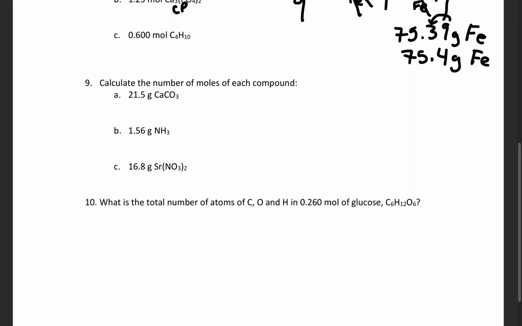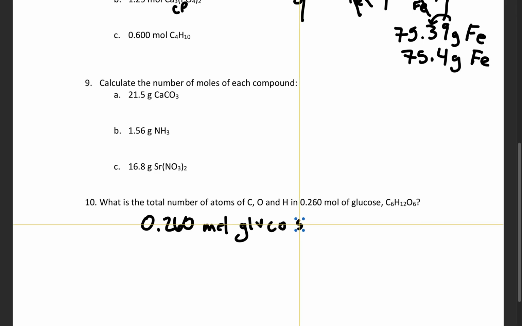So you're going to have to go, how many total number of atoms are in 0.260 moles of glucose? You're going to have to go from, for instance, 0.260 moles of glucose, you're going to have to translate that into moles of carbon.